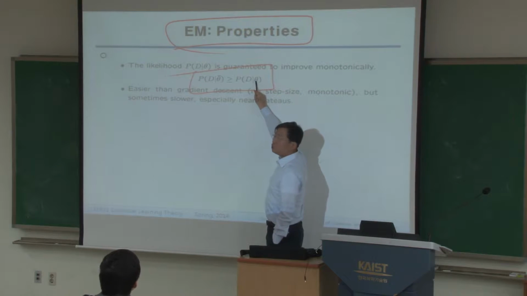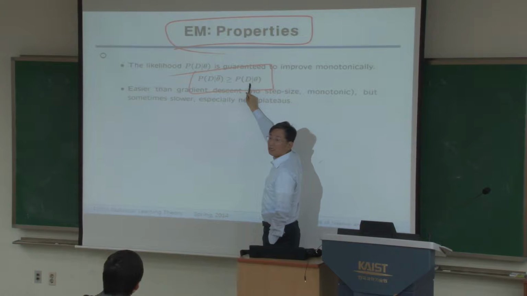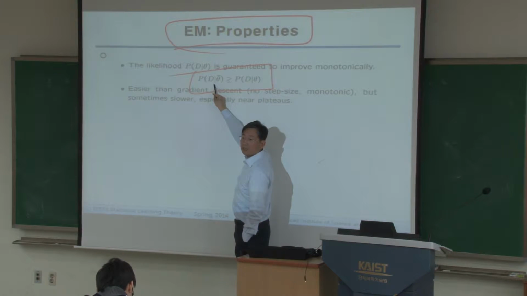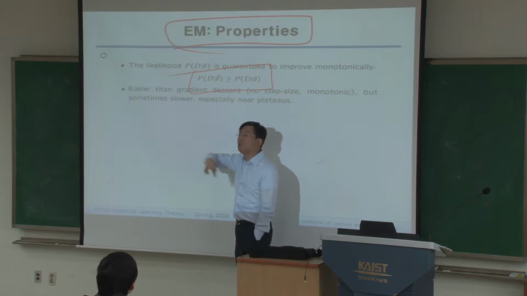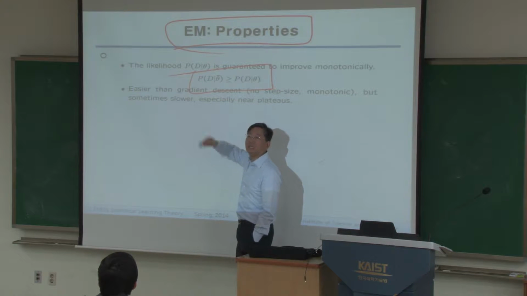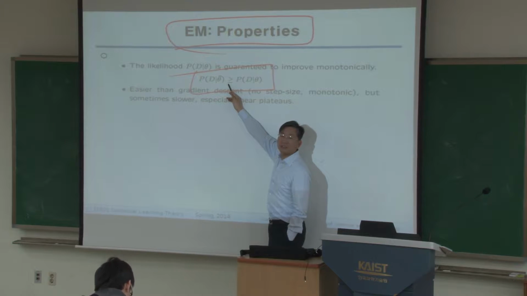If I have my initial guess, the probability of the data is lower bounded by my update. So at each step, what's happening? My likelihood is always increasing, or staying the same.